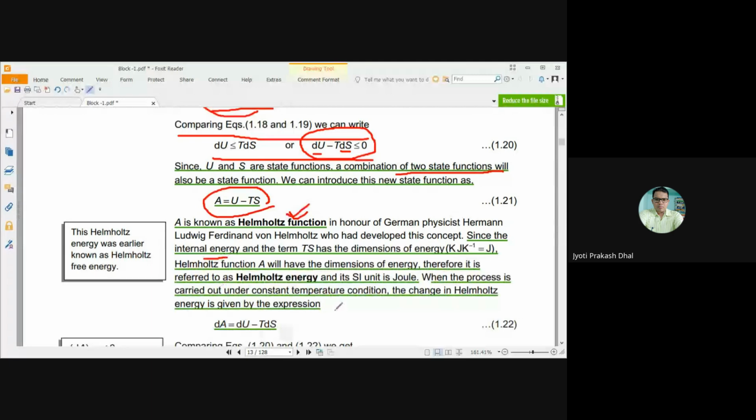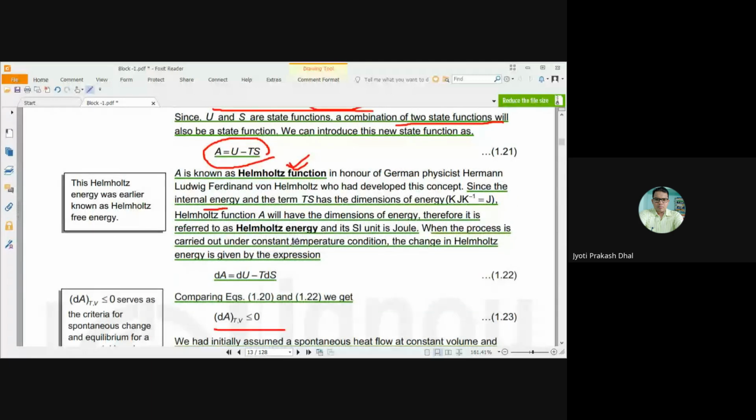Therefore, A, that is the Helmholtz function, is also referred to as Helmholtz energy because its unit is J, having the SI unit joule, J means joule.